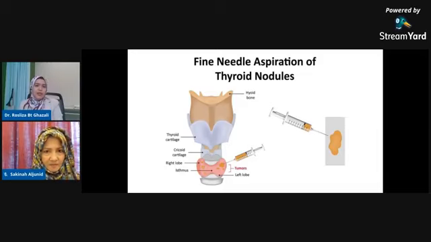It's like blood taking, but you poke the area and aspirate the gland, then you send it for assessment. You get the cells from the thyroid gland to confirm, because the majority of thyroid swellings are not cancerous, it's just swelling. If it's cancerous, then it's something that must be acted upon faster.